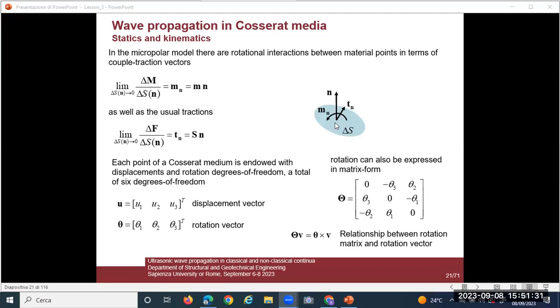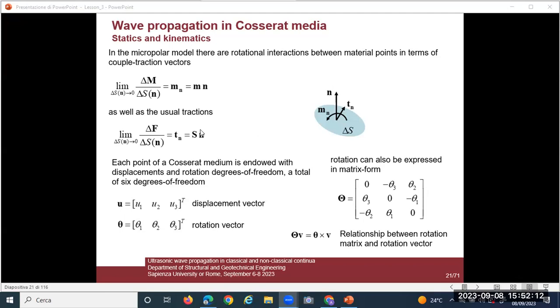The difference is that if you consider a very small area of the continuum and you go to the limit of this area becoming very small, in the Cauchy continuum, you have just tractions acting on this infinitesimal surface of normal n. And there is the assumption that the couples tend to zero, so that they are neglected in the analysis.